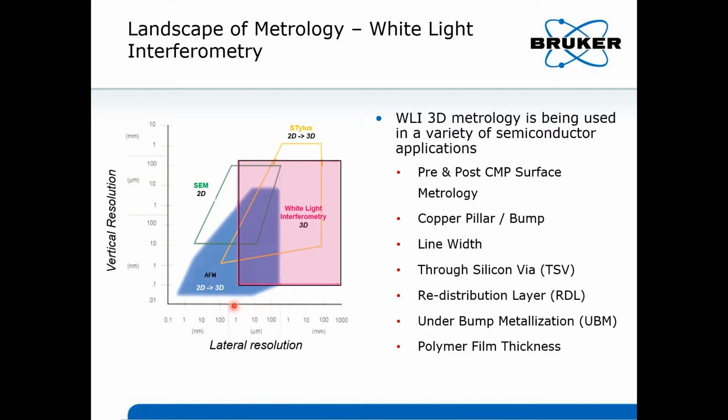But for all the rest, coming from slightly submicrons to tens of millimeters, or from angstrom till a millimeter range, white light interferometry will play a role. And that's the reason why it covers a wide range of measurements in semiconductor processes, and it's very helpful and complementary to the rest of the system.